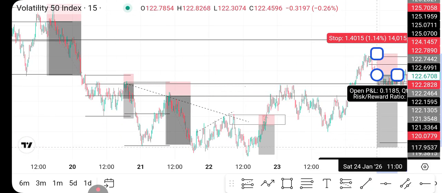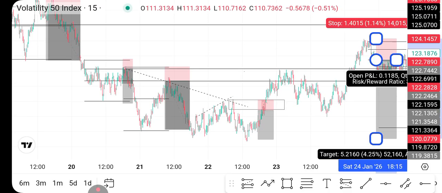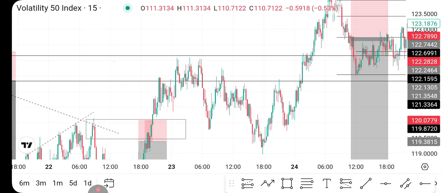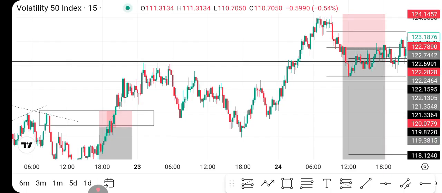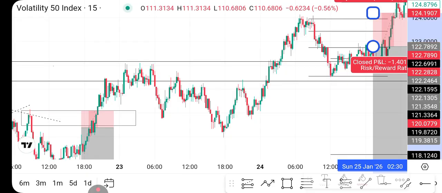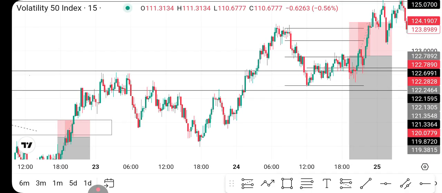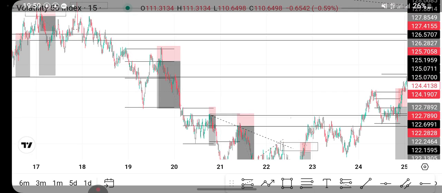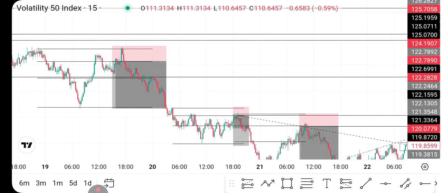See now, we're targeting the total low there. So let's see what price does from here. Oh, we hit SL again. Okay, I think I need to locate a point of interest where markets will want to react from here.